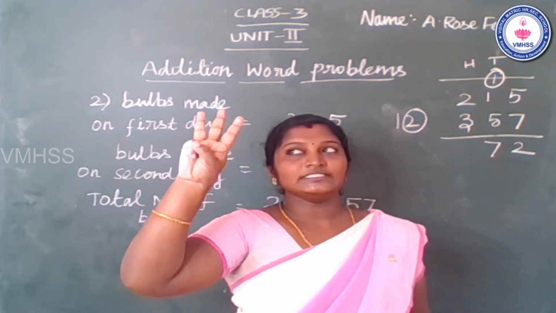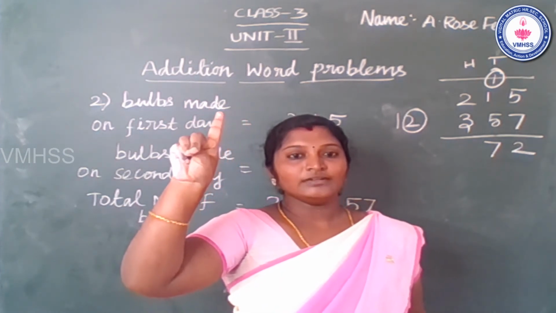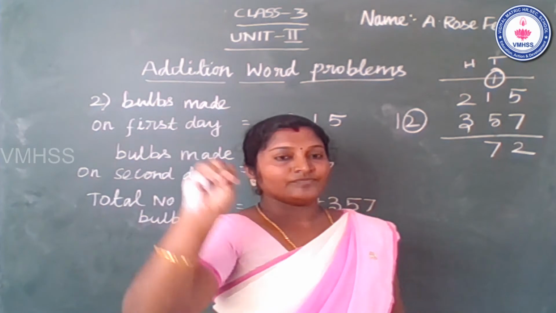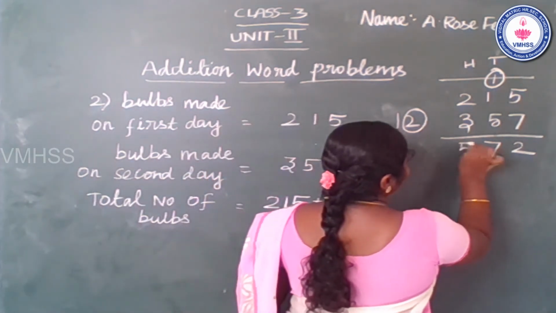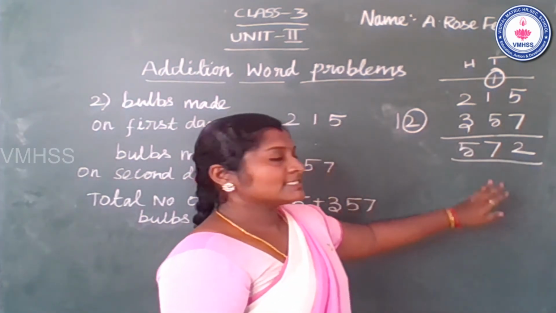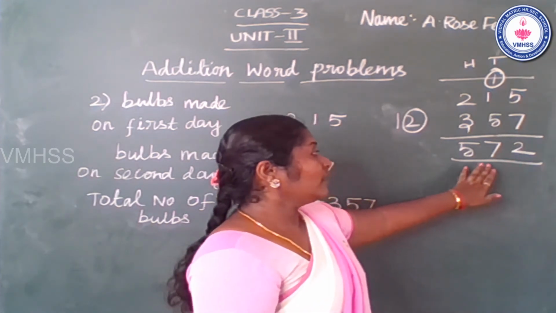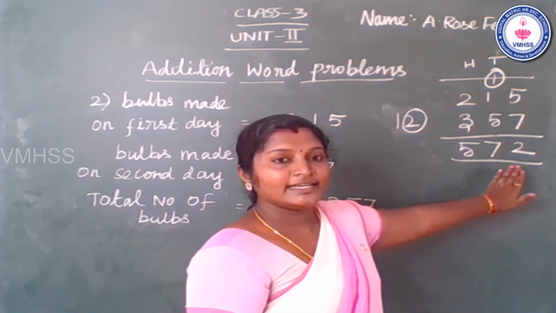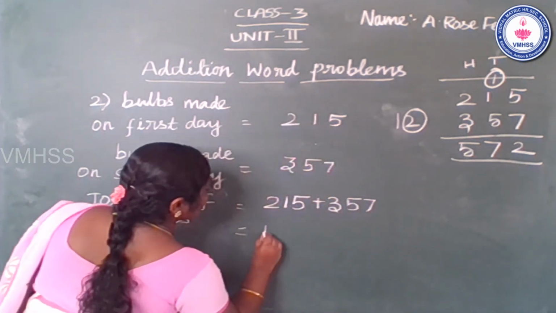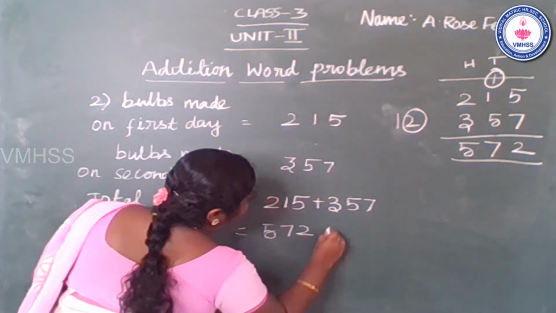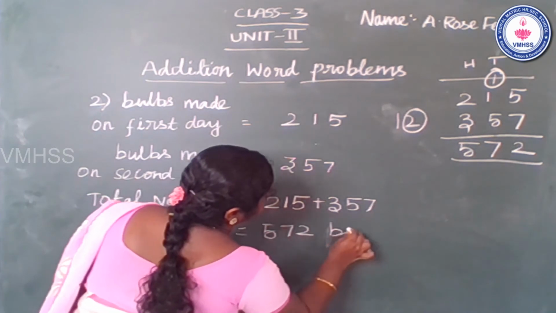So 2 after 3, 4 and 5. Very good. So what is the answer? 572. So now we get the answer 572 bulbs.